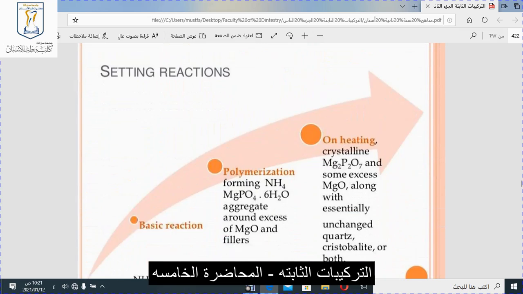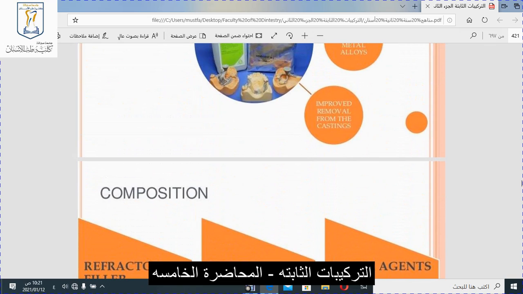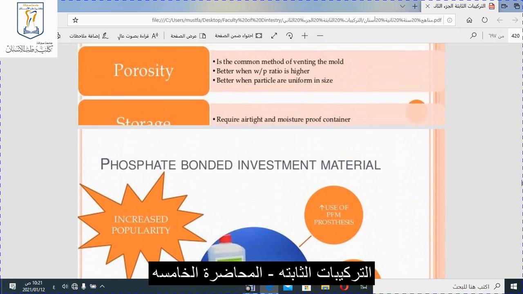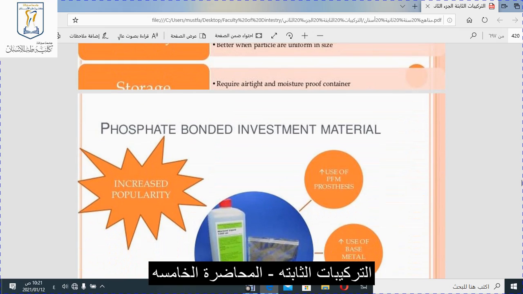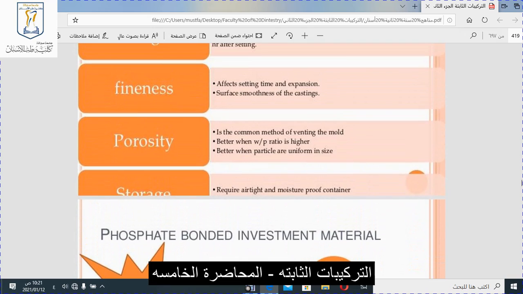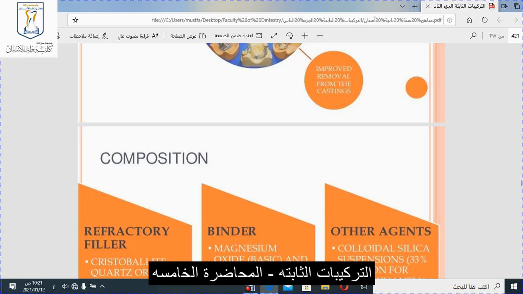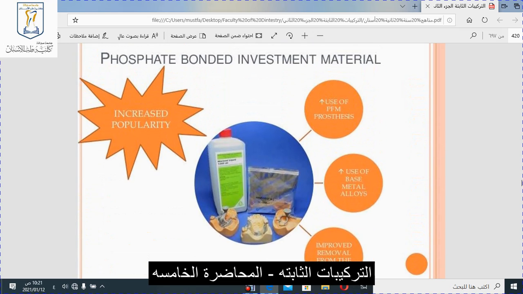So the problem for phosphate bonded investment, as we told you, is the amount of expansion, which is unlimited. And the problem with phosphate bonded investment is that it needs a vent to escape the gases, because there is minimal porosity, or no porosity.